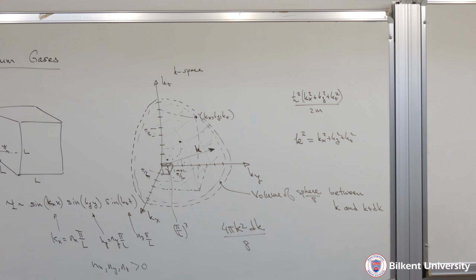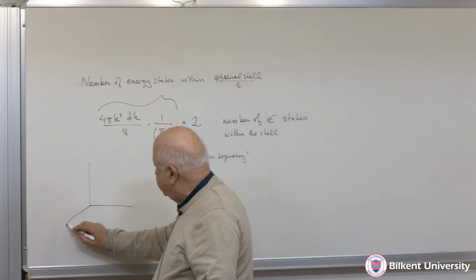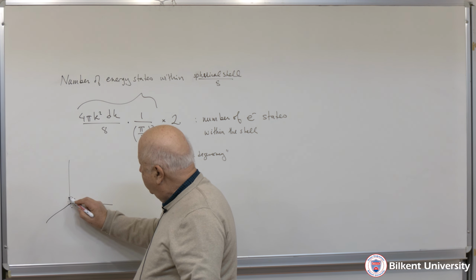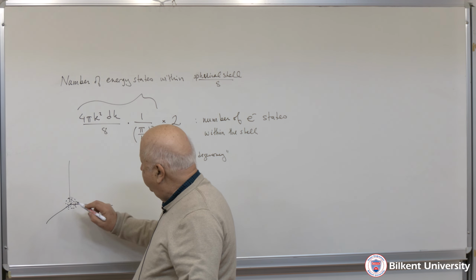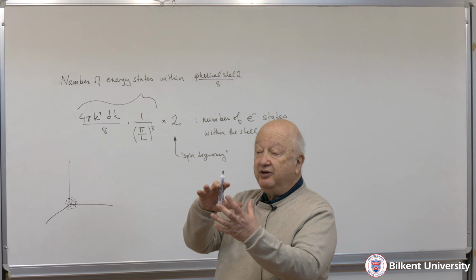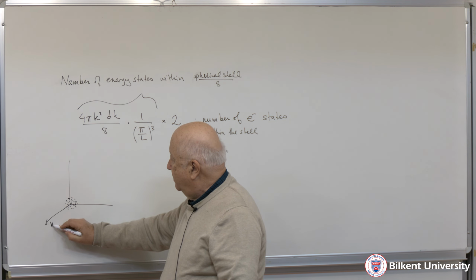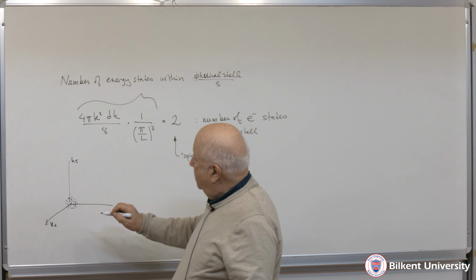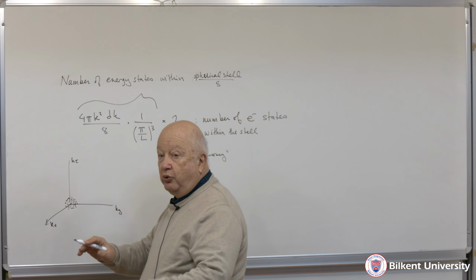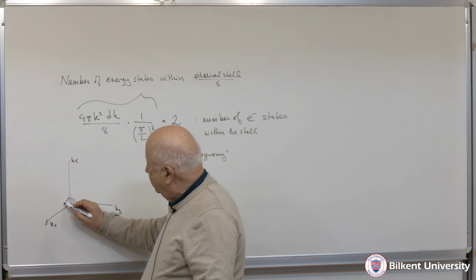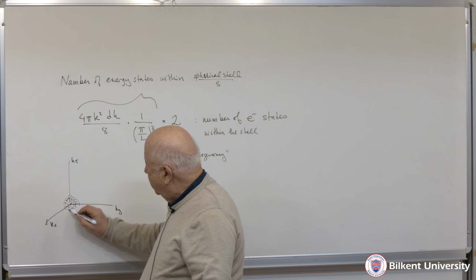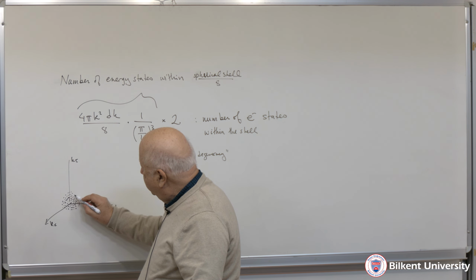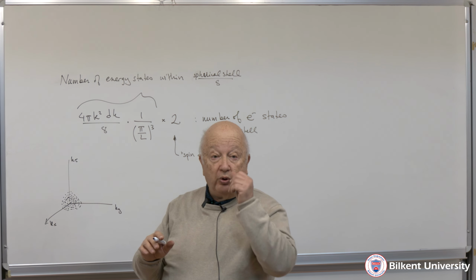As we put particles into the lowest energy states, they start to fill up, and they fill these spherical structures in this k space, kx, ky, kz, up to a certain energy. Once all of those energy levels are filled, they have to go to a higher k value and fill out that part of that spherical shell. Then they go out and fill out another spherical shell, and so on.